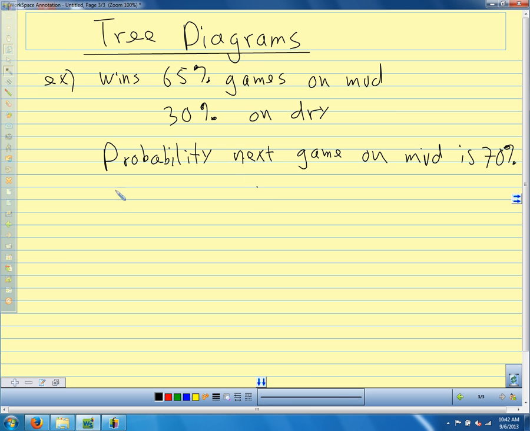So we want to know the probability that they win the next game.